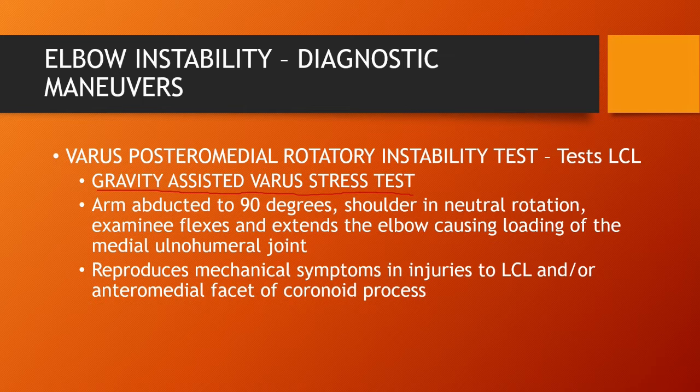So this causes loading of the medial ulnohumeral joint, and if it reproduces mechanical symptoms and/or clicking or subluxation of the anteromedial facet of the coronoid process, this is indicative of instability of the lateral collateral ligament.